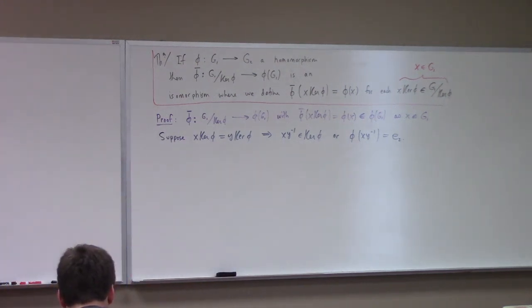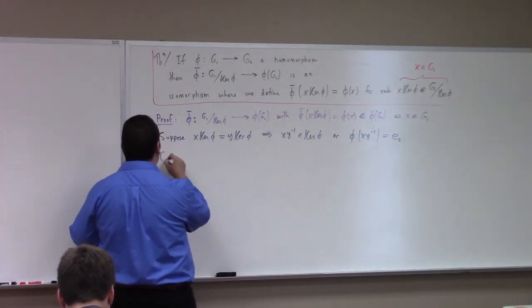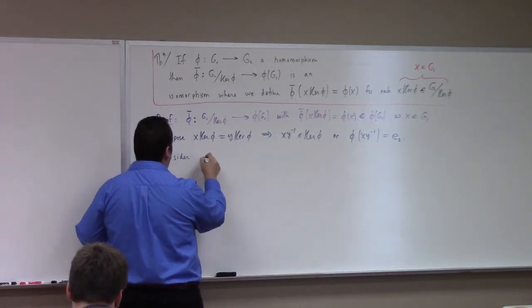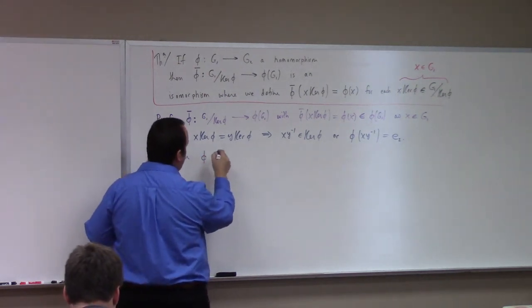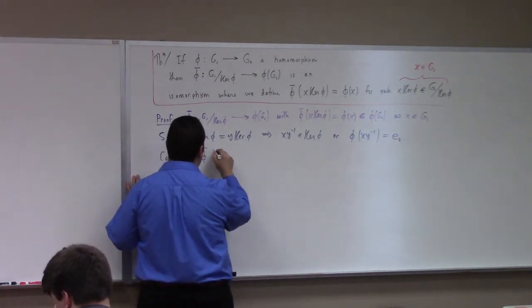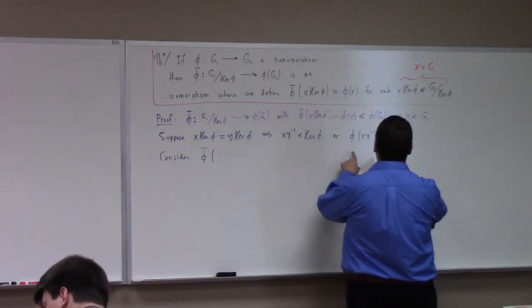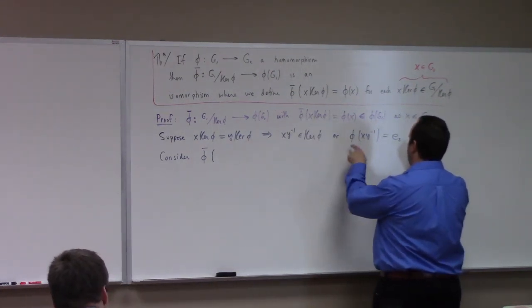So I'm supposing I have two different representatives for the kernel cosets. Now consider, what's this mean?